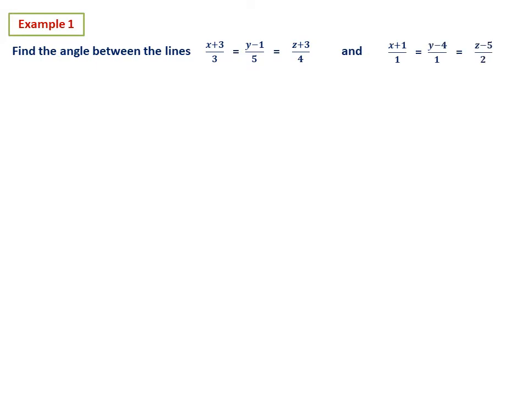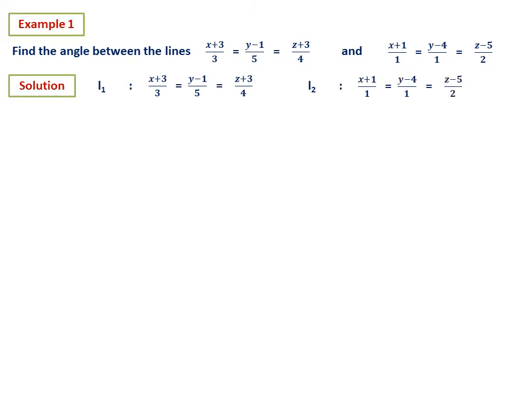And the second line is (x plus 1) by 1 equal to (y minus 4) by 1 equal to (z minus 5) by 2. So L1 is the first equation and L2 is the second equation.